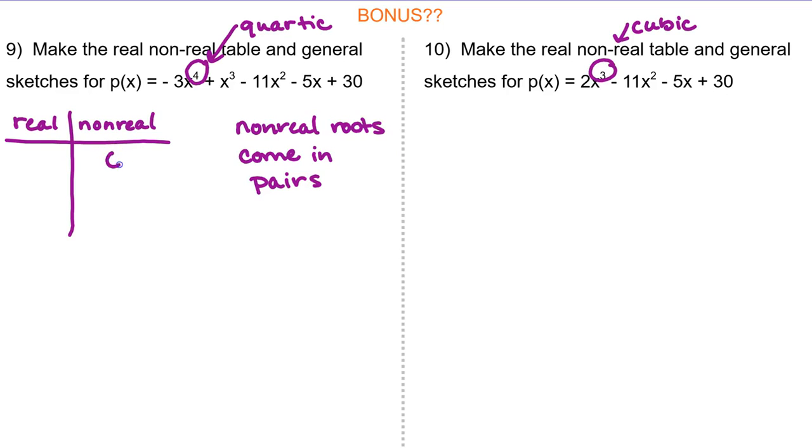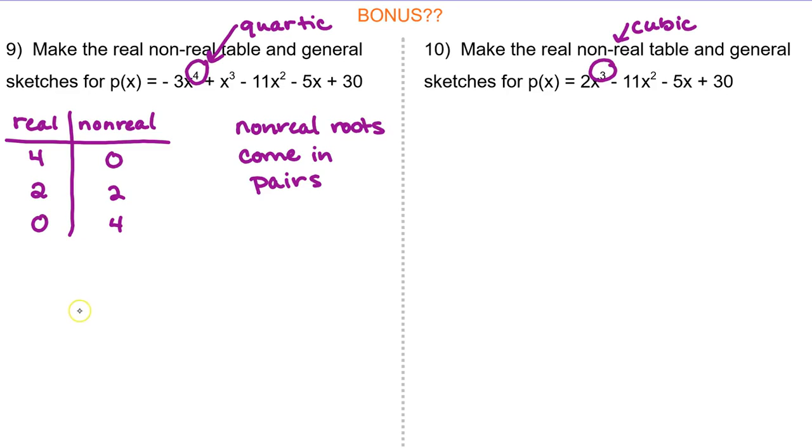So you could have 0 non-real roots, and that means all 4 roots would be real. You could have 2 non-real roots, and that means the remaining 2 roots are real. Or you could have 4 non-real roots, and that means there are no real roots. These are just the 3 possibilities, and for each problem it's just going to be one of those 3.